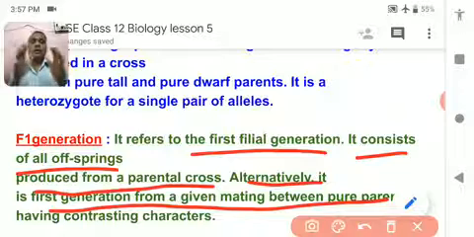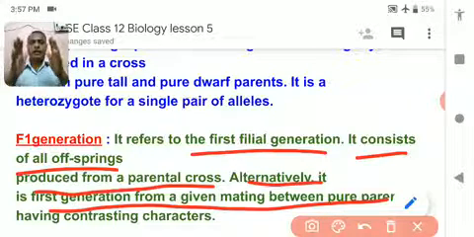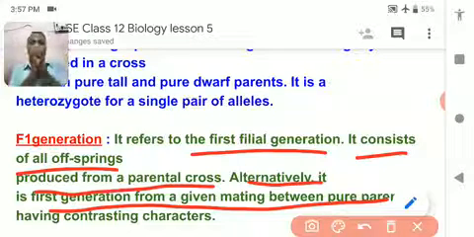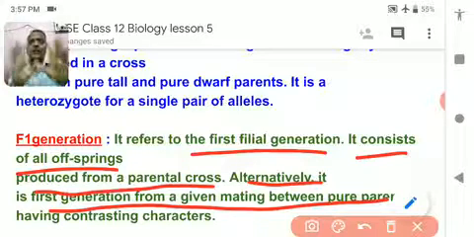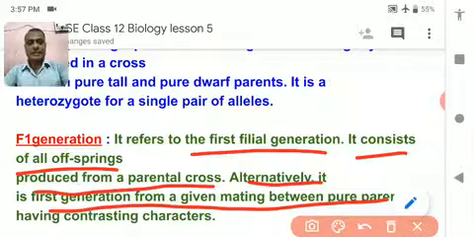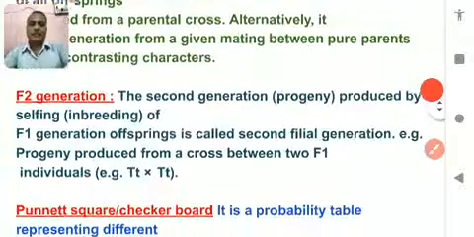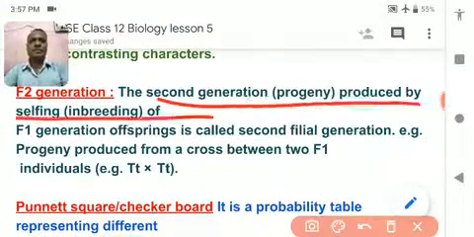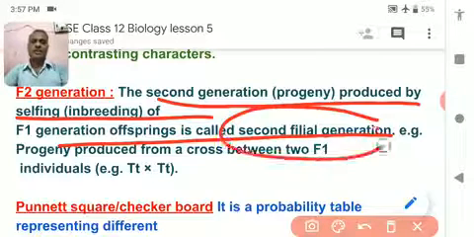When the plants or organisms produced in the first filial generation are crossed together, that is, allowed to self-pollinate, the organisms produced in the next generation are called the F2 generation or second filial generation. Understood?